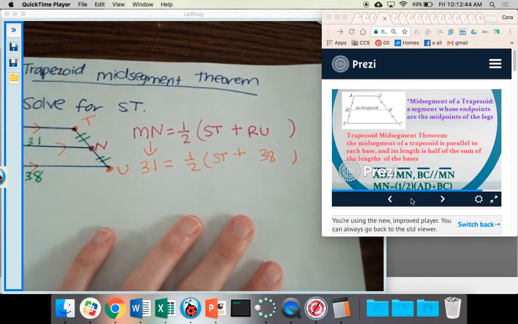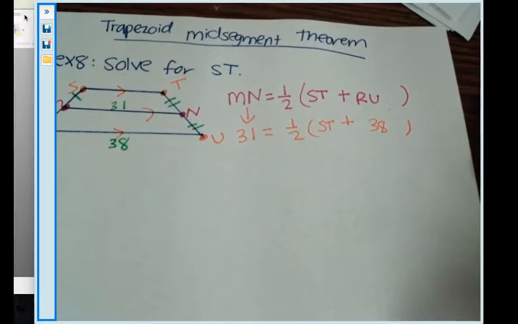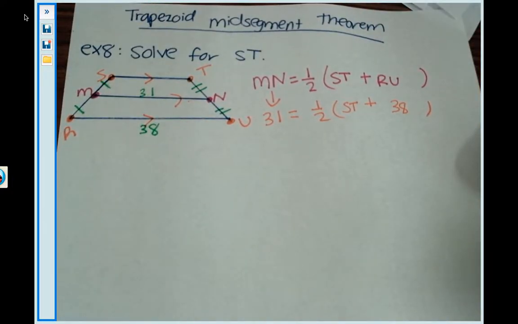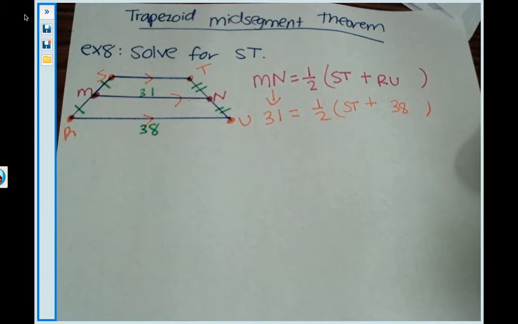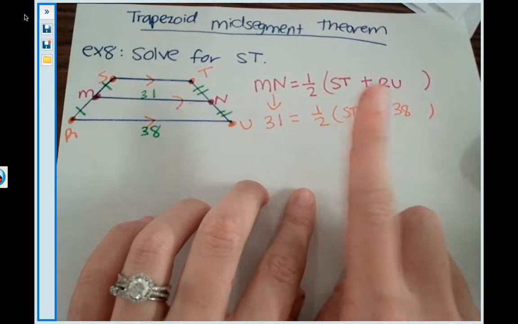From here, we just simply have to solve. I'm going to get out of the way so you can see my whole paper. So let's start solving. In order to solve for ST, currently this 1/2 is getting in the way.